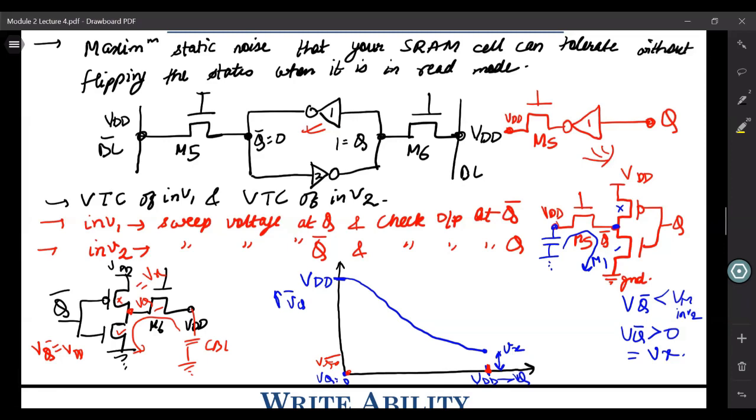So when your VQ bar is VDD, what happens to your VQ? VQ is some value which is Vx. So if you draw its VTC, it will also look something like this.